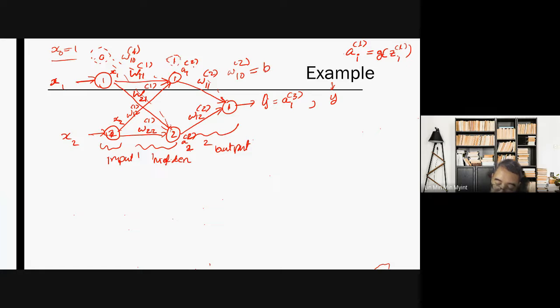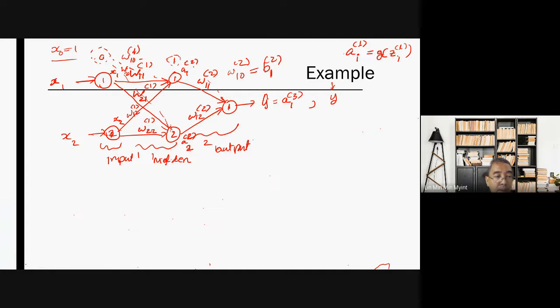Or we can say, to make it easy for our life, this one is like the bias 2, and this is the bias for the other. But in this case we have only 1. But here we have bias for this one, and also we have 2, 0 like this.